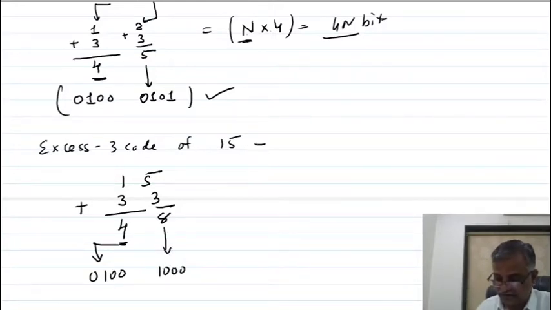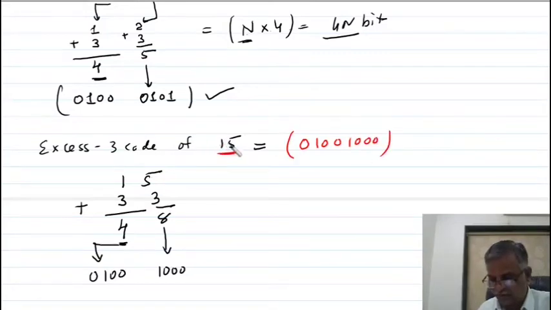So you can say the XS3 code of 15 is 0100 1000. How many digits does the decimal number have? 1 and 5, two digits. How many binary bits are required? 8.